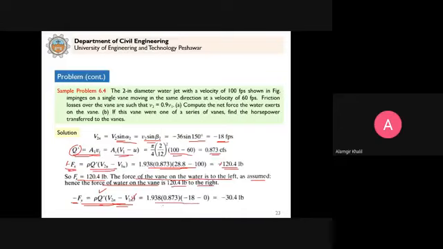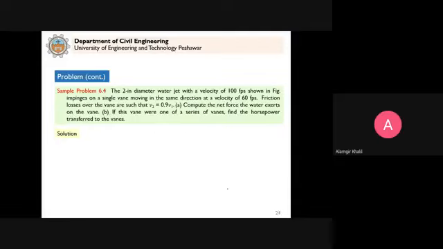So you plug in the values, minus 30.4. So again we get plus. It means the assumed direction for Fy is correct. Clear? And the force of water on the vane is equal and opposite to this direction, means upward.